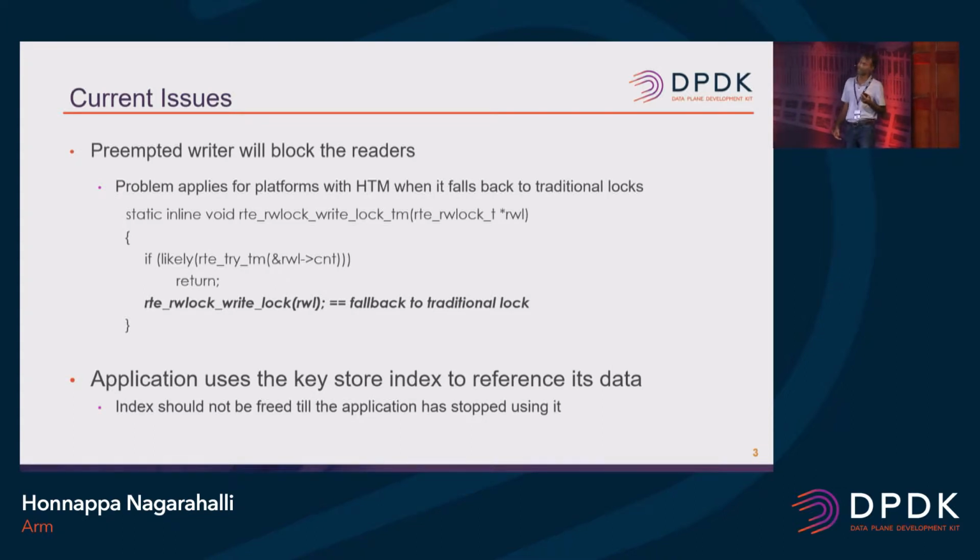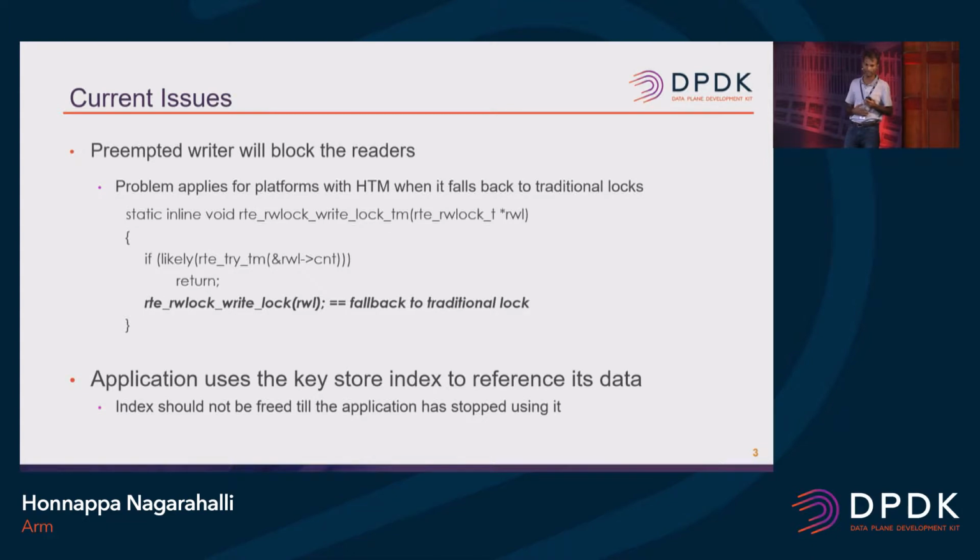But one issue that I see with using the reader-writer lock is preemption. In many of the use cases, the control plane, that's the writer, is running on an OS, and it might get preempted while holding the lock, which would block all the readers for an extended duration, and that would result in a heavy drop of packets.